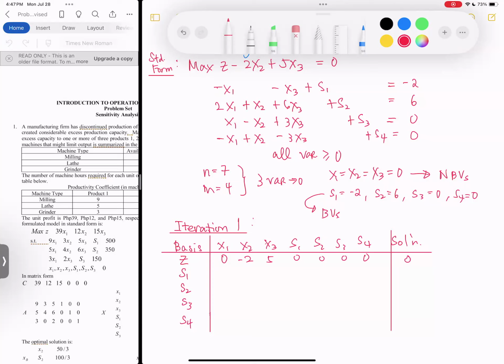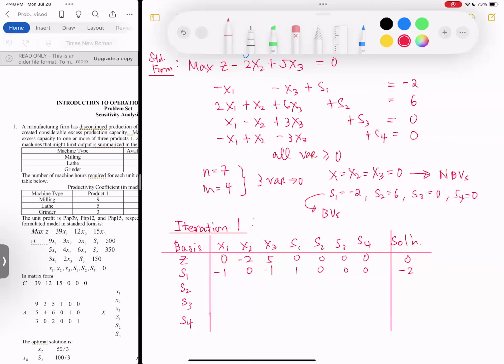And then for your first constraint, coefficient of x1 is -1. 0, -1, then 1, 0, 0, 0, and then you have -2. Okay, so this is what we need. We need infeasible.